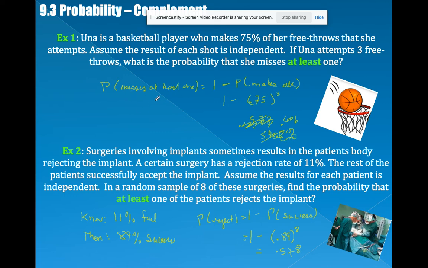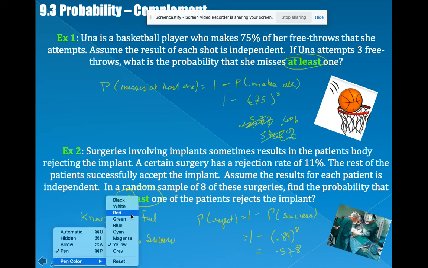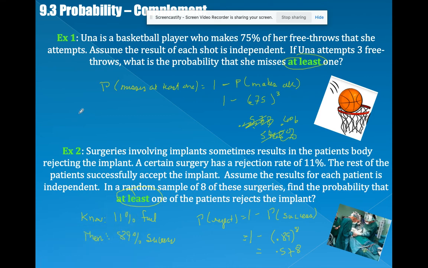All right, so again, the clue here is looking for this "at least" situation is a trigger that maybe the complement would be faster. And that is different from when they would ask something like this, like up here with the basketball player: the probability of exactly one miss out of these 3. That is a different scenario, not at least.